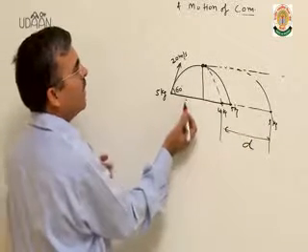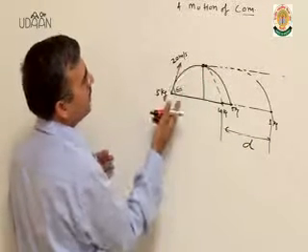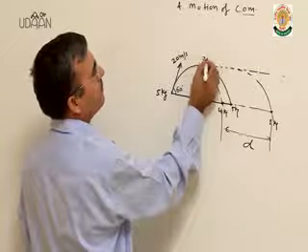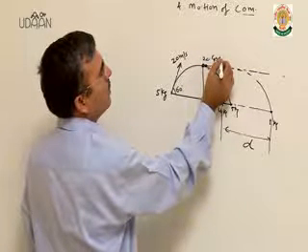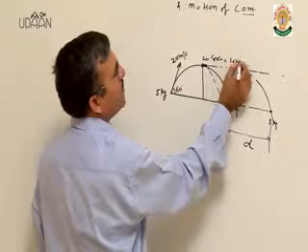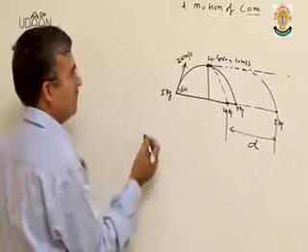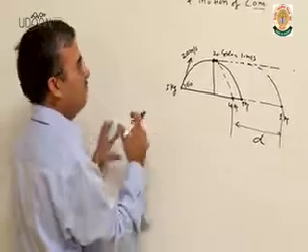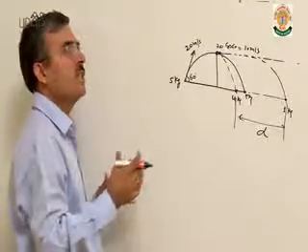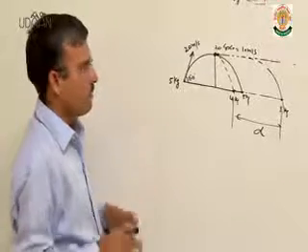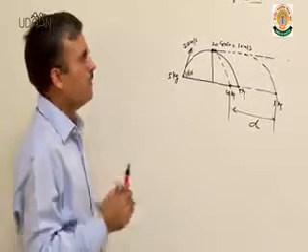Now at the highest point speed will be 20 cos 60, which is 10 meter per second. So at the highest point, because the explosion is due to internal forces, conservation of linear momentum can be applied.